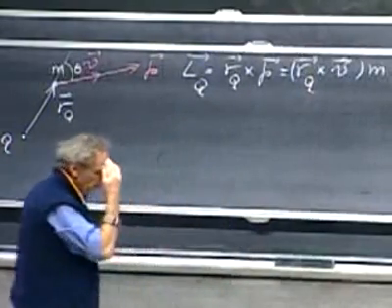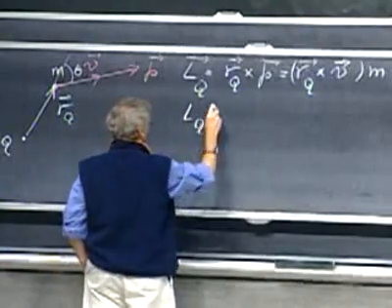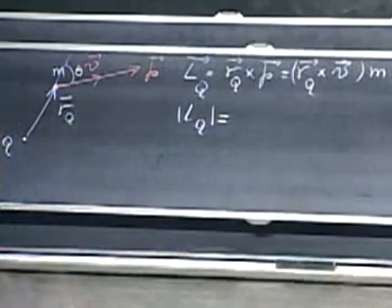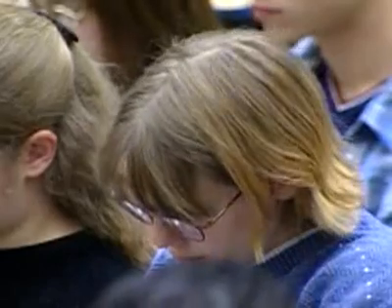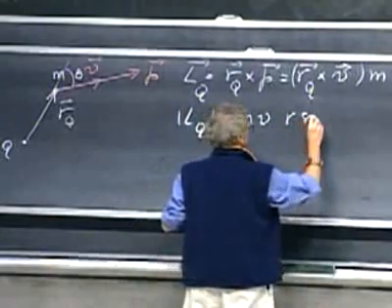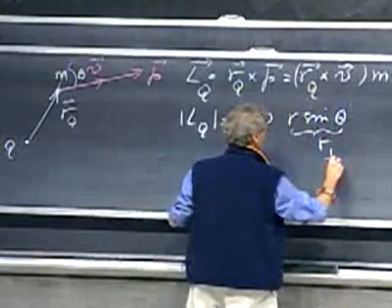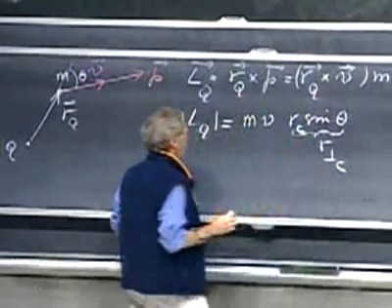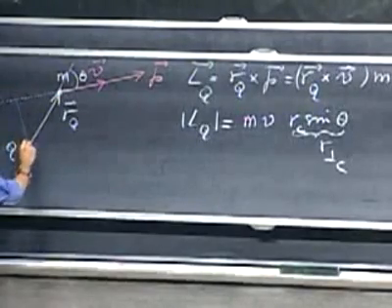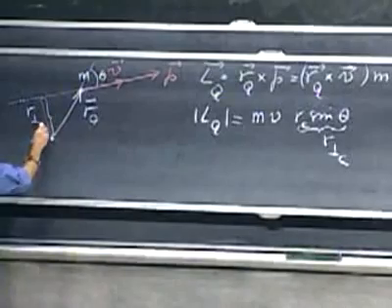The magnitude of the angular momentum relative to point q is of course rmv, but then I have to take the sine of the angle theta. So let's say it is mv r sine theta, and this I often call shorthand notation r perpendicular.